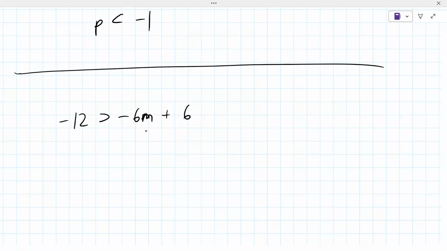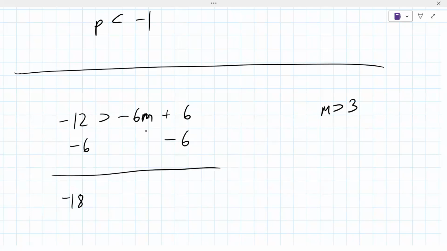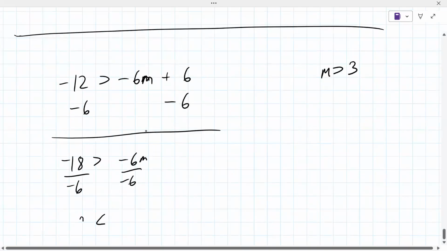M is greater than 3. How confident are you in your answer? Pretty confident. Okay, subtracting 6 from both sides, you got -18 greater than -6m, divide by -6. Flip the inequality. You are correct. Good.